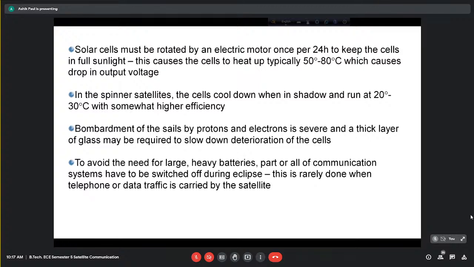But nowadays, with so much data traffic flowing through communication satellites, it is not possible. There is a lot of commercial loss. You won't get the revenue if you turn off your satellite's communication capability for 1.5 plus 1.5, so nearly 3 months in a year.